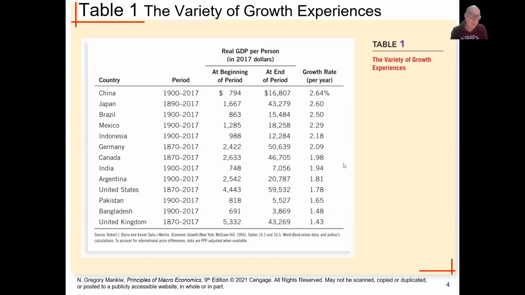So here we have a list of countries based off of their GDP per person index from about 1870 to 2017. So it's a very long time that we've been recording gross domestic product.